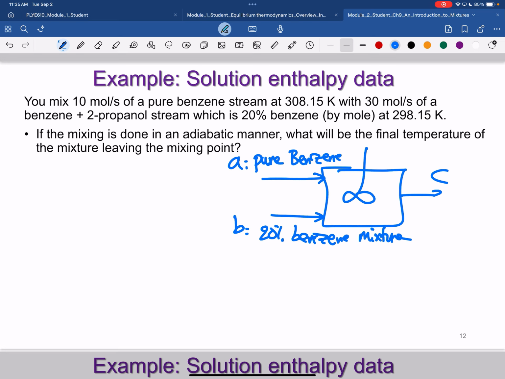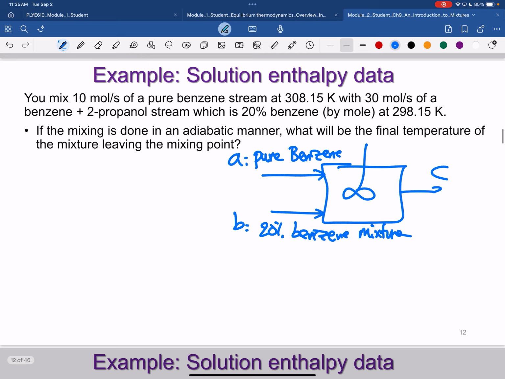For stream A, the number of moles coming in per second is 10 mole per second, so I will call it N dot A. N dot B, the number of moles in stream B per second, is 30 moles per second. We would like to see if this mixing is happening in an adiabatic fashion. What would be the final temperature of the mixture leaving the mixing point?